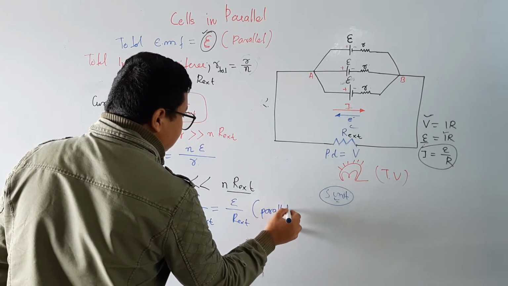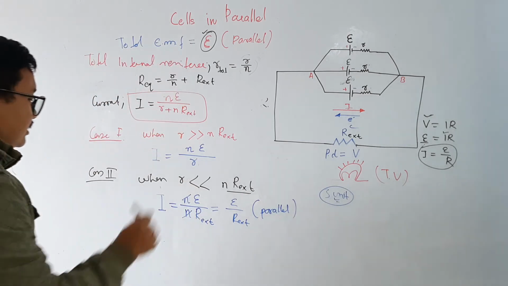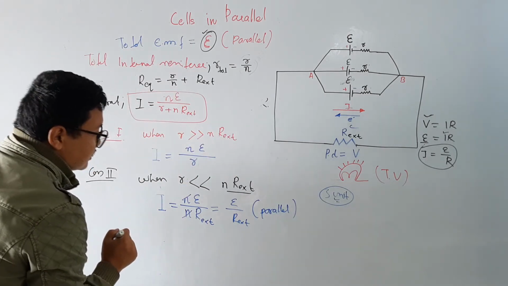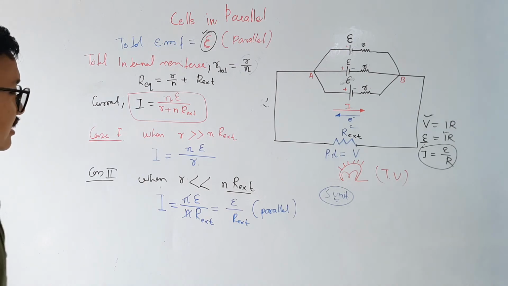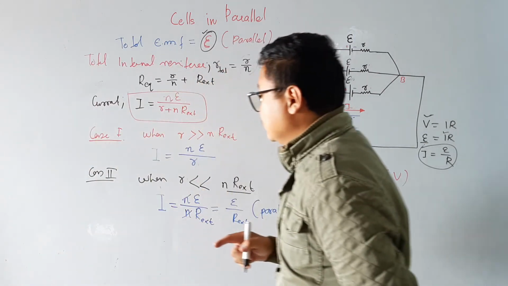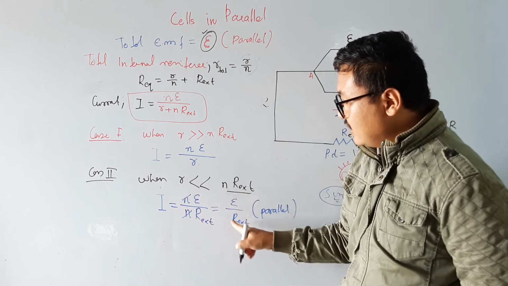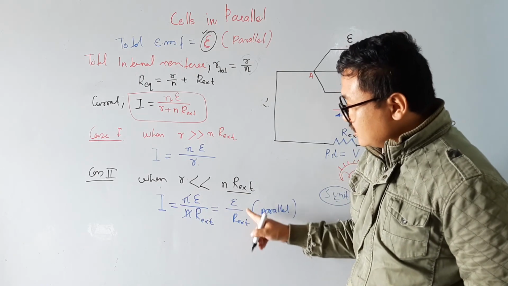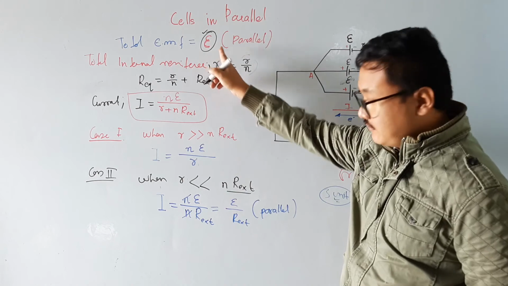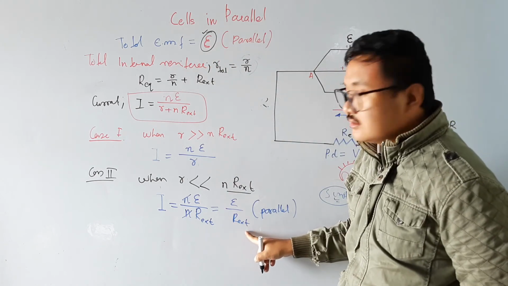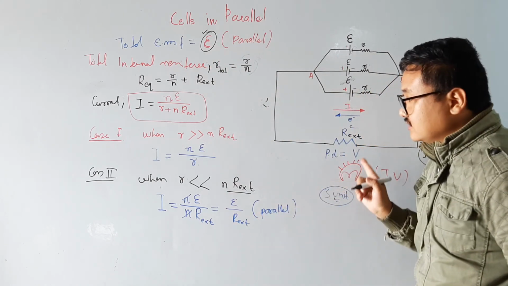So if you see in these two cases, the current I is equal to E by R EXT, where E is the total EMF and R EXT is the external resistance.